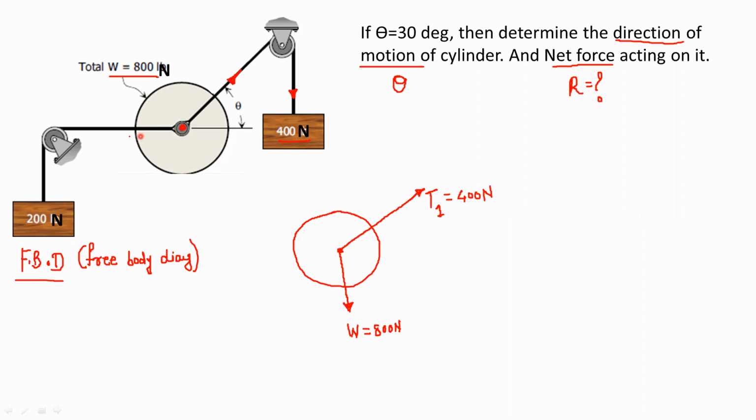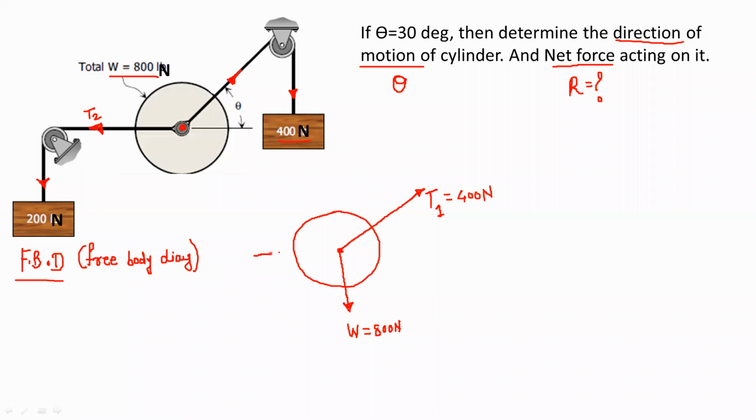Now observe the second diagram. On the other side, we have a 200 Newton object, which is connected to the cable, and then it is connected to the center. So this cable is exactly horizontal. So for this 200 Newton, this is the direction of tension. It will be the same direction here along this cable. So we will assume this tension as T2.